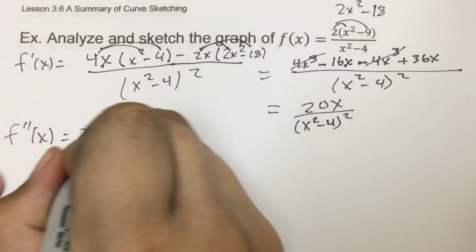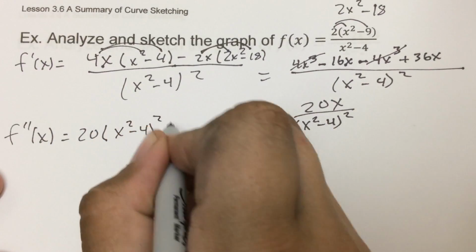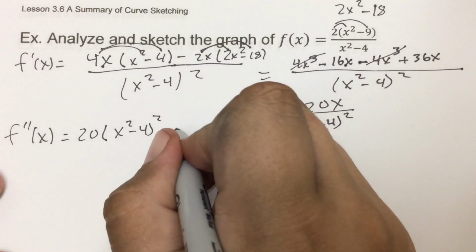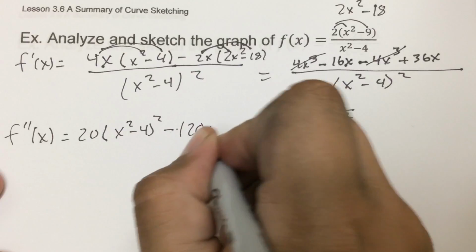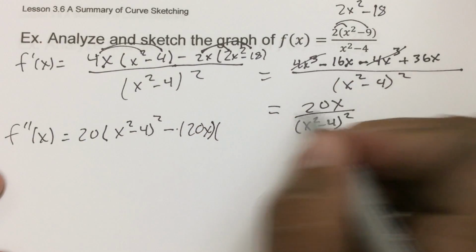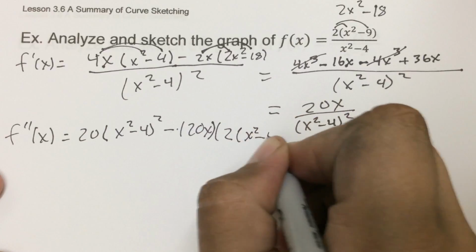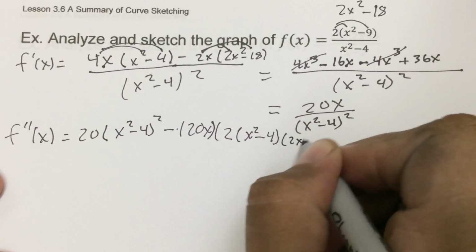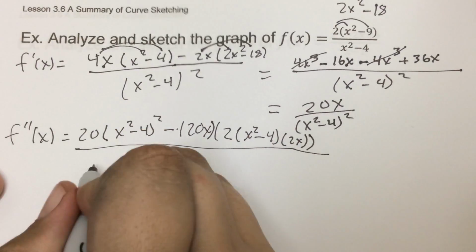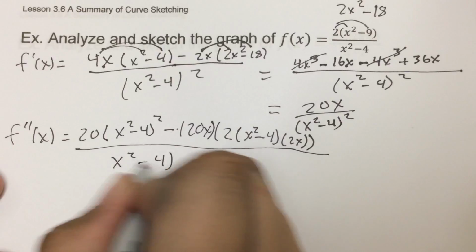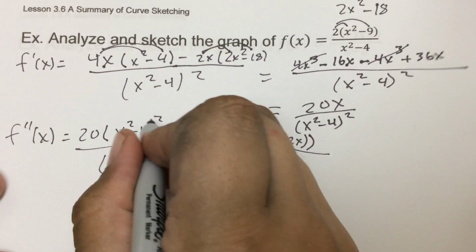So the derivative of the top would be 20 times the bottom of x squared minus 4 squared, minus the derivative of the bottom times the top, which is 2 times x squared minus 4 times 2x. This is all over the bottom squared, so x squared minus 4, and since it's squared already, it becomes to the fourth. So, you can get rid of one of these.